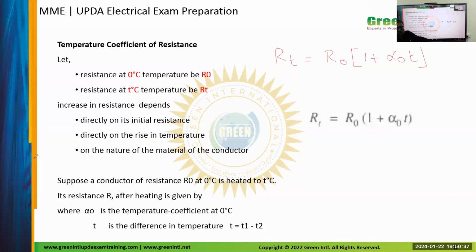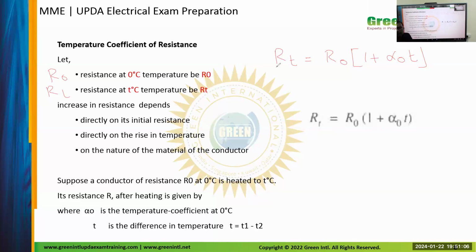So RT is equal to R naught into 1 plus alpha naught into T. First, R naught stands for resistance at 0 degrees Celsius. RT stands for resistance at T degrees. Suppose we need to calculate at 50 degrees or at 1000 degrees, whatever. So RT stands for resistance at T degrees Celsius, and T is also here.